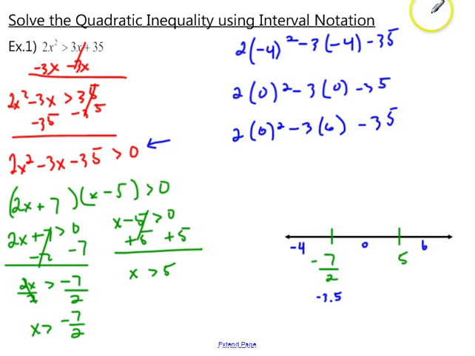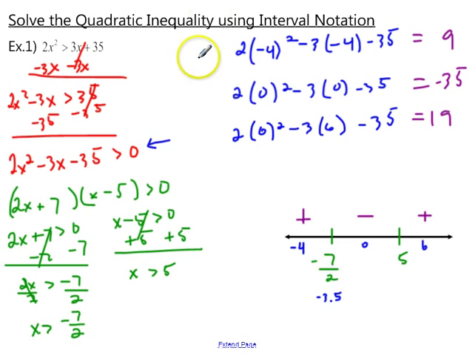Now, when you substitute in negative 4, we end up with a positive 9, so that's positive. When you substitute in 0, we end up with negative 35, which is a negative number. And then when you substitute in 6, you get positive 19, which is another positive number.